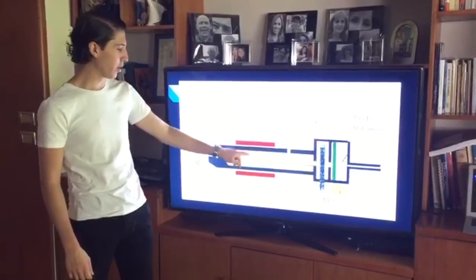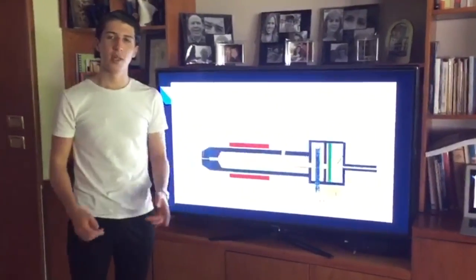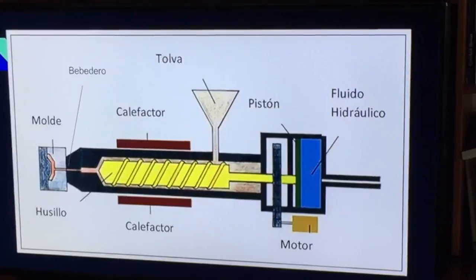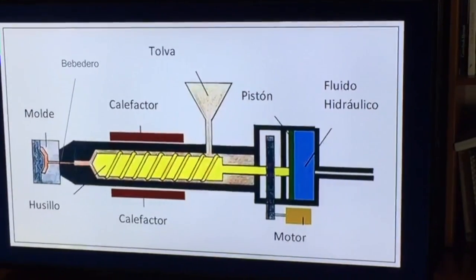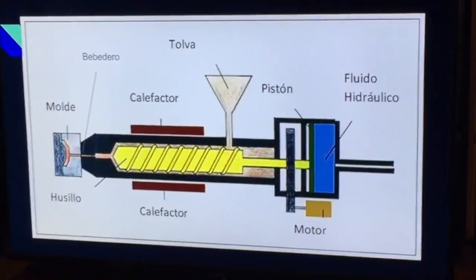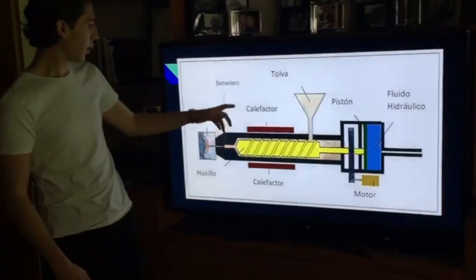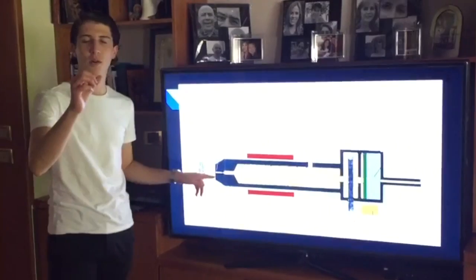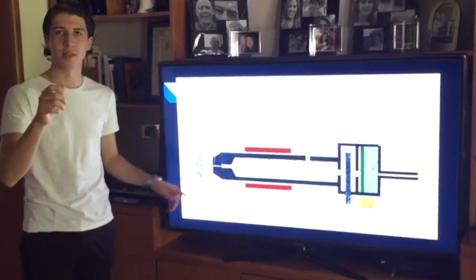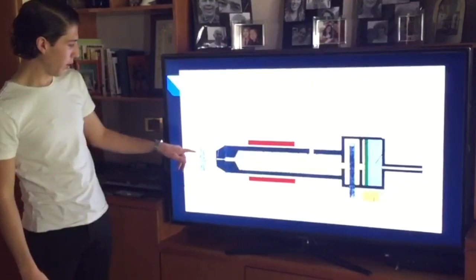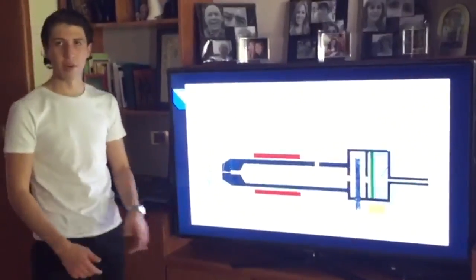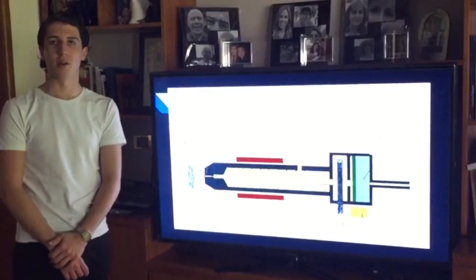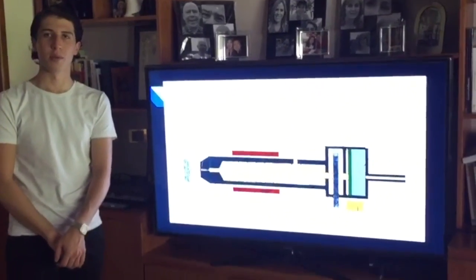We have the heater, which is very important in the process because it melts all the pellets and gives them a liquid phase that helps to fill the mold. Then we have the nozzle, a tiny hole where all the melted plastic goes through. And here we have the mold, the final step of the machine, where the melted pellets take the form of the mold.